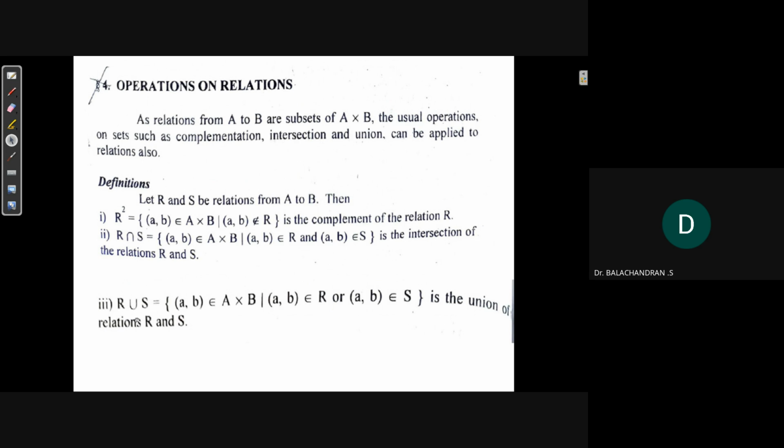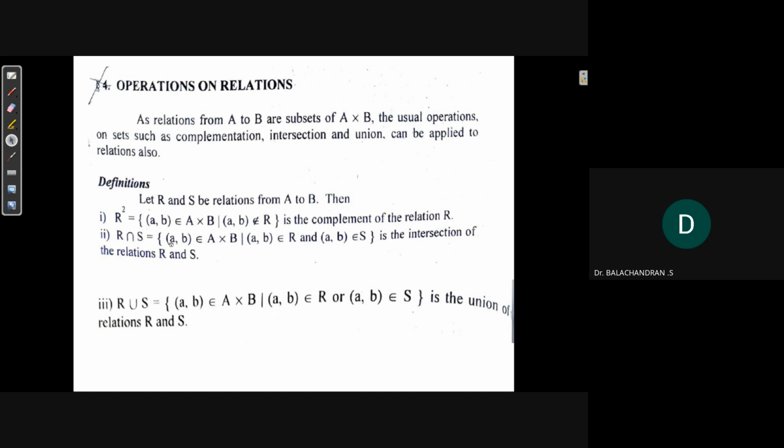Here R and S are relations from A to B. So R union S is equal to the set of all (a, b) belonging to A cross B such that (a, b) is either in R or (a, b) is in S. Then (a, b) is in R union S. As usual, we know the meaning of union of two sets. Similarly, this is the union of two relations.